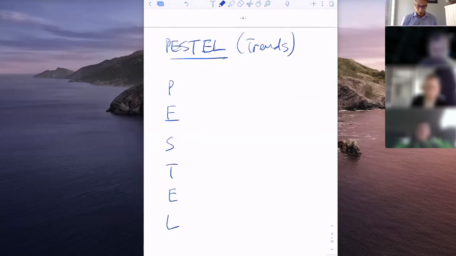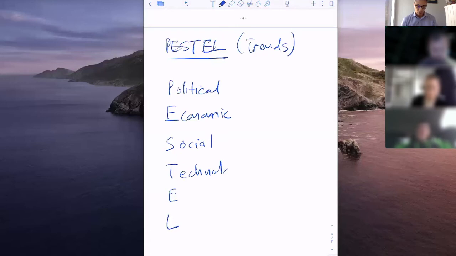So there are 6 areas that you should consider when thinking about what's happening out there in the market and what the trends may be. It could be political, economic, social, technological, environmental, and legal.